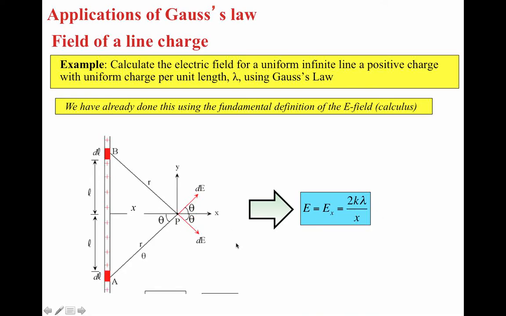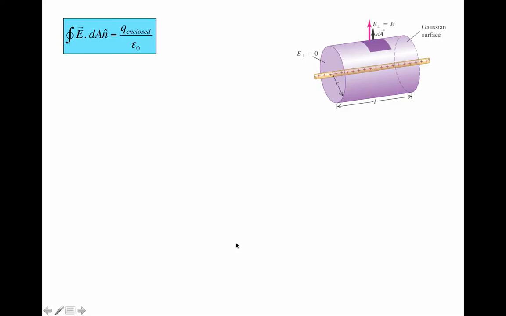Okay, let's see how we're going to do that using Gauss's law. The first thing we need to do is construct the Gaussian surface. This is my Gaussian surface, so that it captures the symmetry. The electric field due to the line will be radial. On this side it will be this way, and on this side it will be this way.